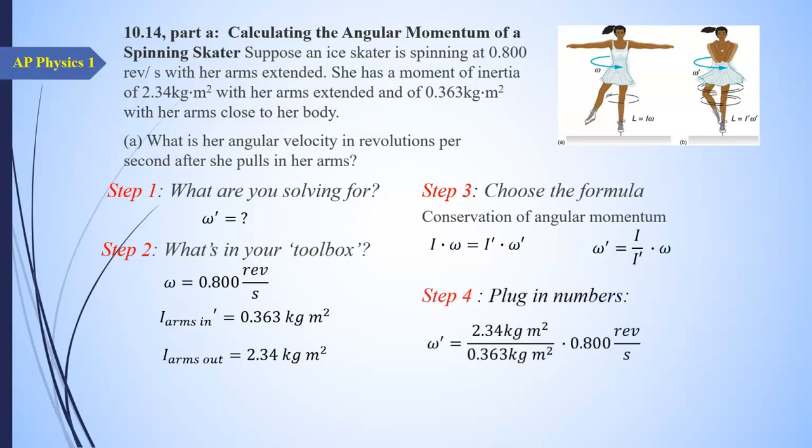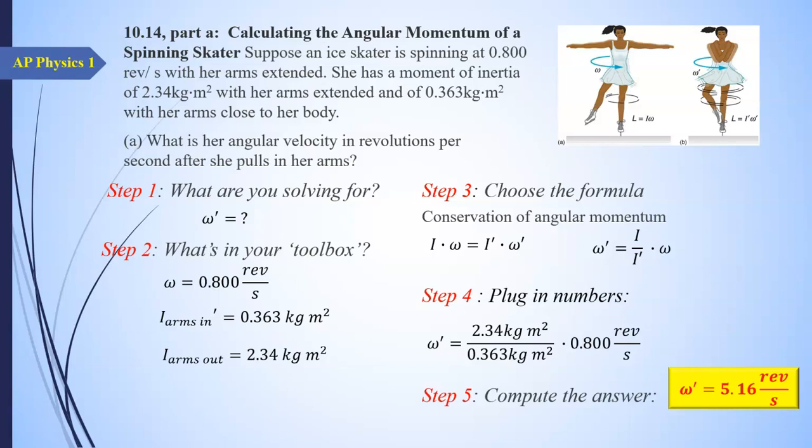So now we plug in the numbers. So omega prime equals 2.34 divided by 0.363 times 0.8 revolutions per second, which is the initial angular velocity, and we get a number of 5.16. So her angular velocity went from 0.8 revolutions per second to 5.16.